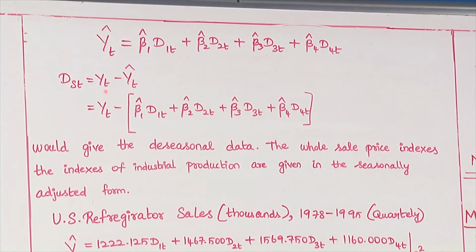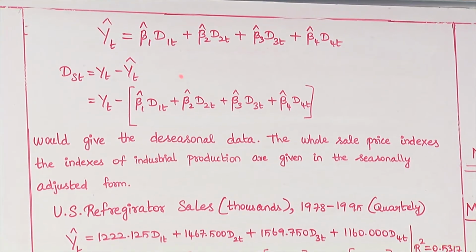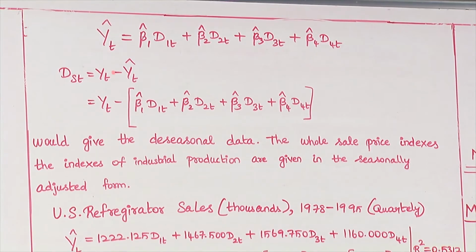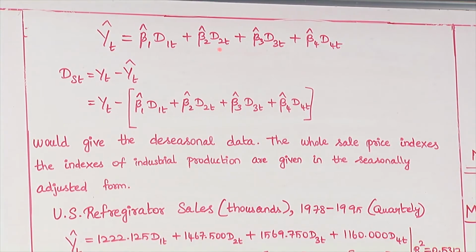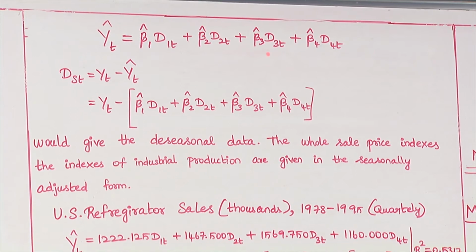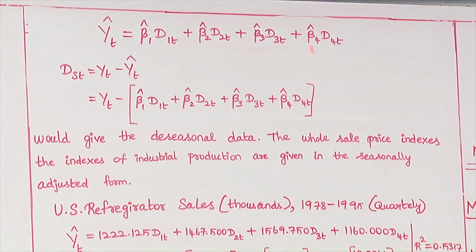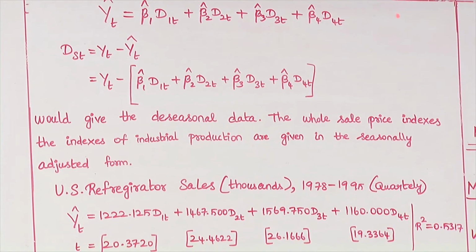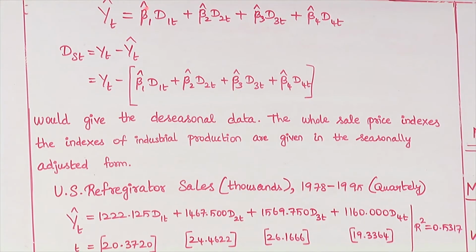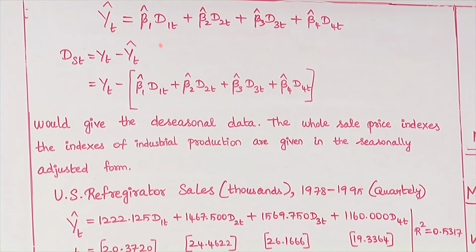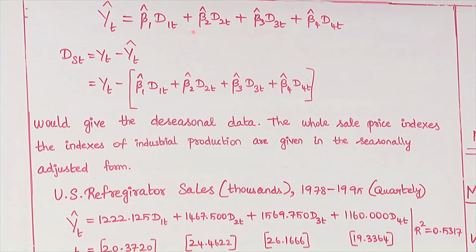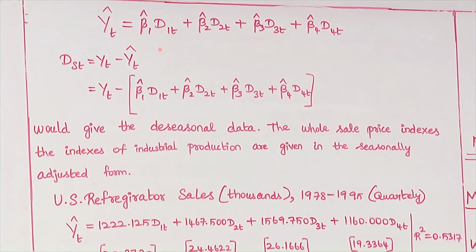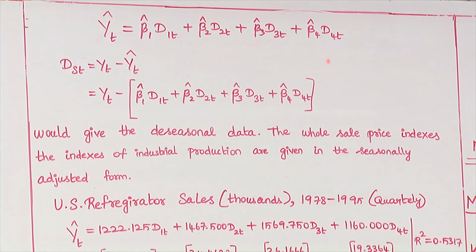Now, we will take the expected value of yt. Yt hat is equal to beta 1 hat d1t plus beta 2 hat d2t plus beta 3 hat d3t plus beta 4 hat d4t. This is the expected value of yt. This captures the seasonal effect of the first quarter, second quarter, third quarter and fourth quarter.